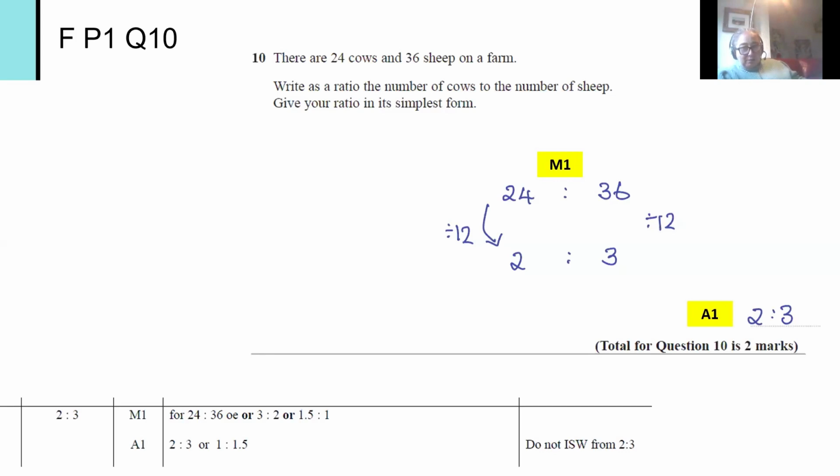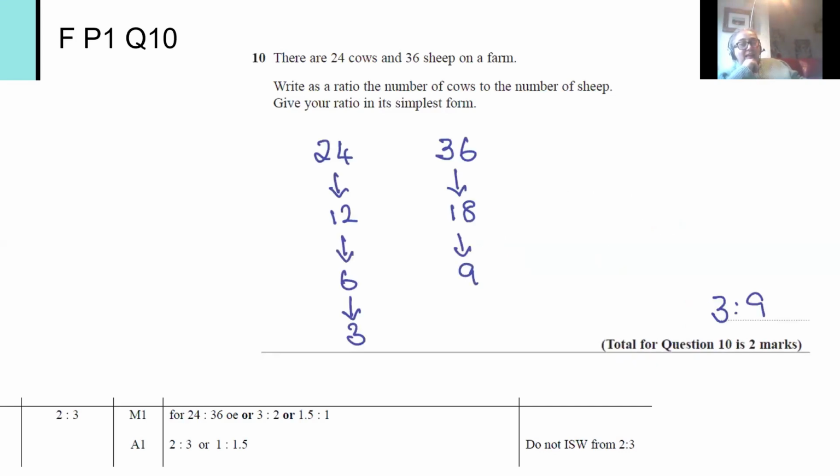However, this next question, they clearly have written 24 to 36, but what they haven't done is written it as a ratio. So we don't see a ratio, we just see the numbers 24 to 36. So that actually doesn't attract the first method mark.